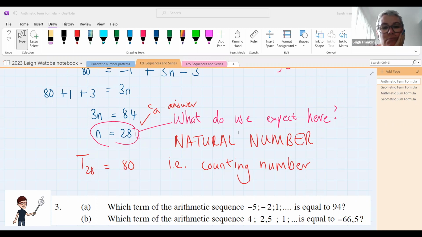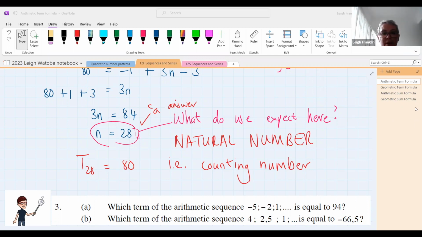September, I just want to ask about your answer here. For A, you've said n equals 34, and then underneath you said n equals minus 122 over 3. What is that answer for? Remember, if you're writing an answer for n, it always has to be a natural number, because your position can be the first position or the second position or the third position.